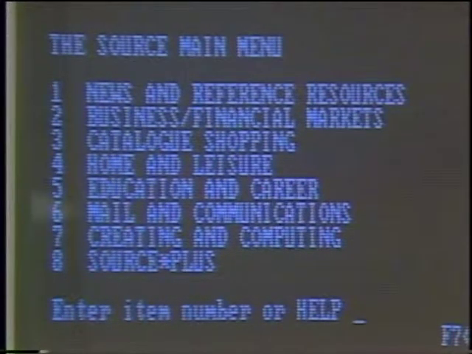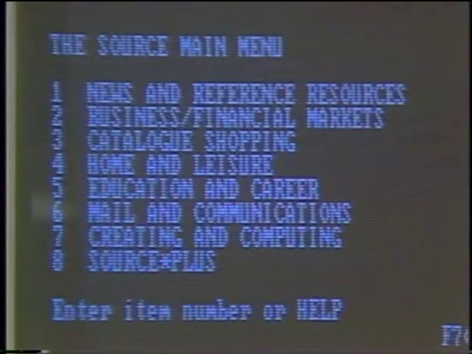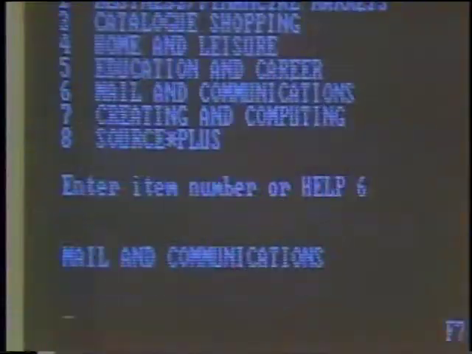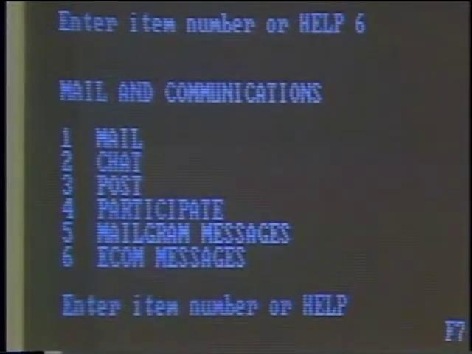The menu is designed as a routing or navigational system down through to the services that we want. We're going to go into item number 6, which is Mail and Communications, and it's going to take us down one more level of menu. From here we have options of electronic mail, which is item number 1, chat, which is an interactive use of the system. We can talk to another user who is online presently.